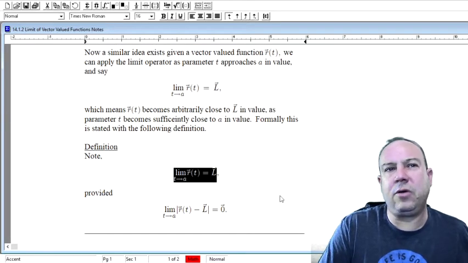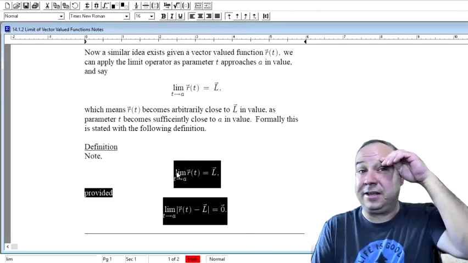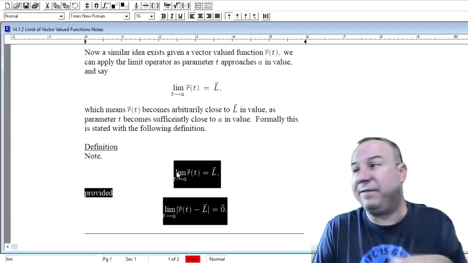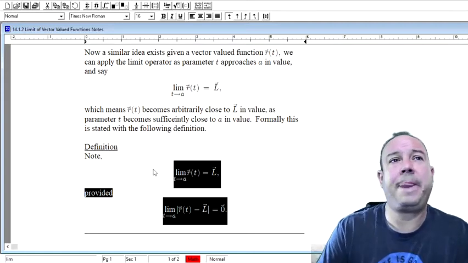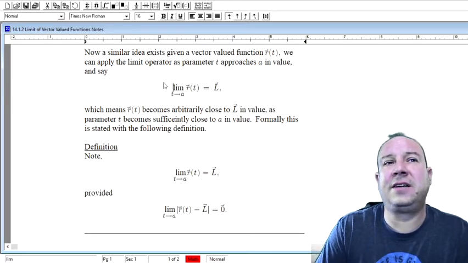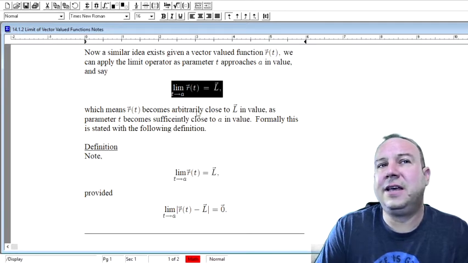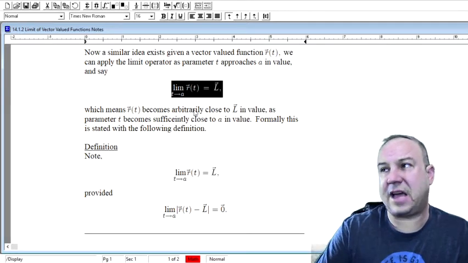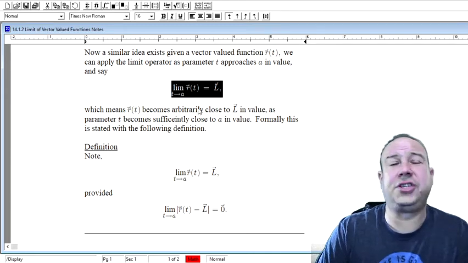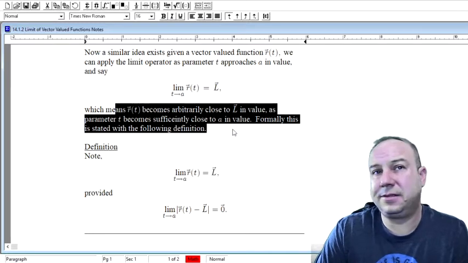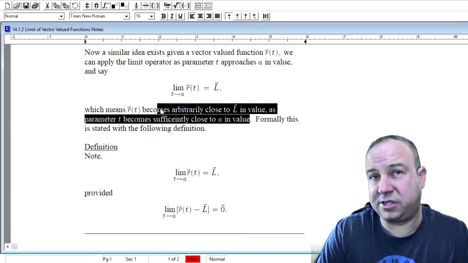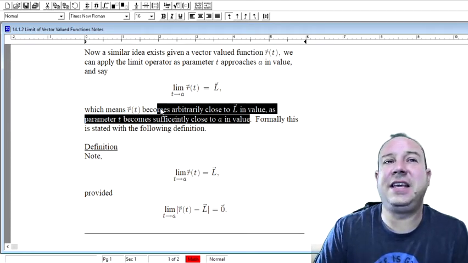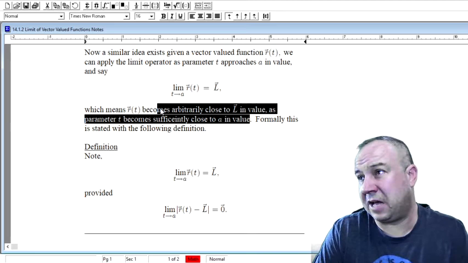All right? Now, we rely very little on this understanding to evaluate limits of vector-valued functions. This is how it's defined, though. Right? To go back and really to begin calculating the limit of any function, vector valued or scalar, we do sometimes rely on these ideas, where the function becomes arbitrarily close to some value as the independent value becomes sufficiently close to some value.